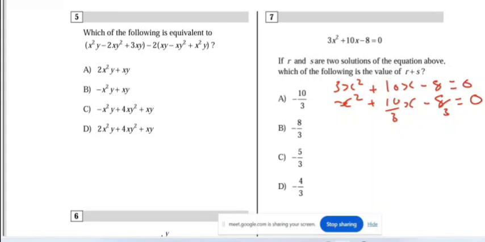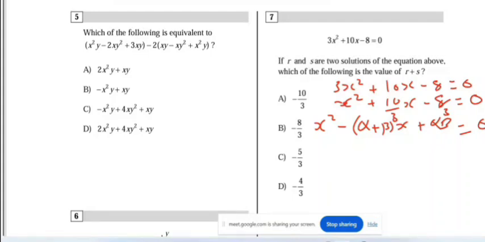The general expression says that if alpha and beta are the roots of an equation, then we can say that x squared minus (alpha plus beta) x, then plus alpha beta, should be equal to 0. So that's how it goes.